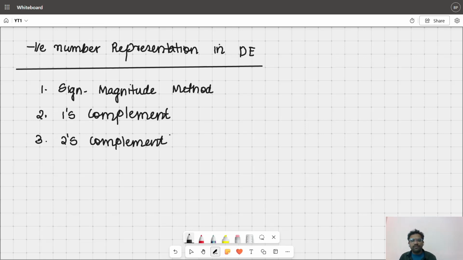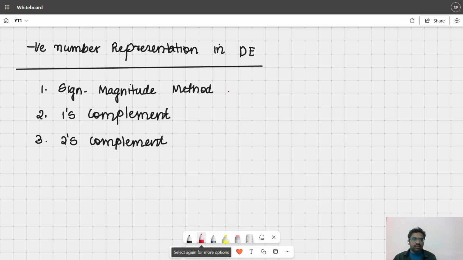So there are three different methods. Before discussing anything, we will first discuss the sign magnitude method, its representation, advantages, and disadvantages. All three different things we are going to discuss in today's lecture.